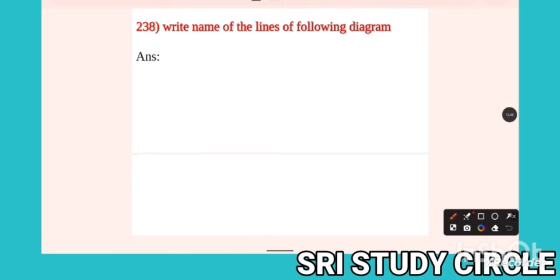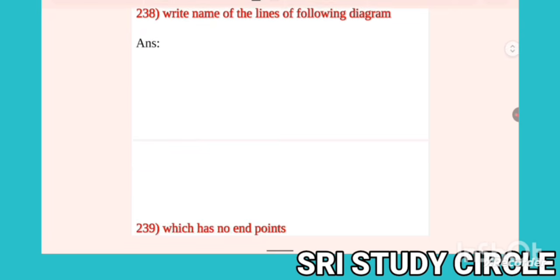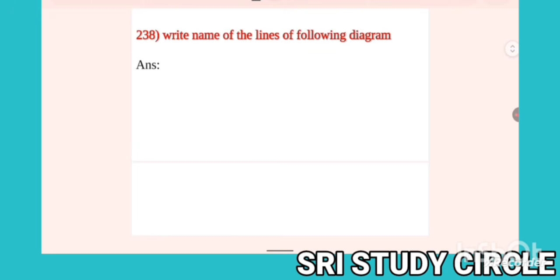Write the names of the lines of the following diagram. So lines.